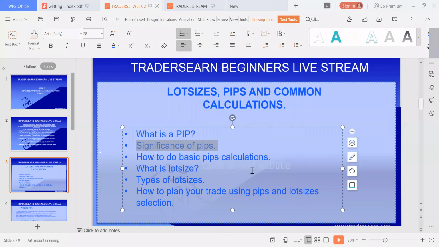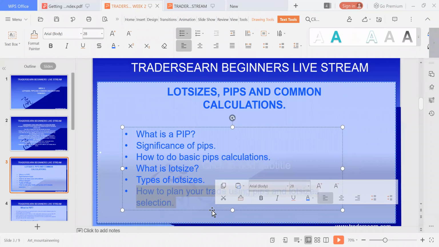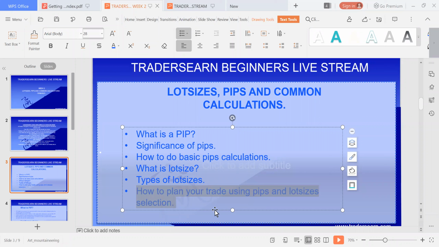How to add, how to subtract, how to set stop loss, and all of that. And we'll be going to lot sizes, types of lot sizes, then how you plan your trade using lot sizes. These are the things we'll be covering today. Let's get started.